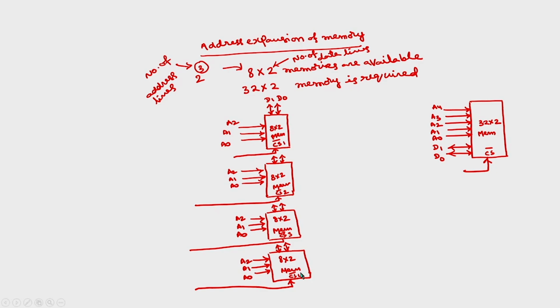Now, if I take this 32 by 2 memory, we will be having 5 address lines A4, A3, A2, A1, A0. So, what is the starting address? Starting address will be all zeros. Then the ending address will be all ones.